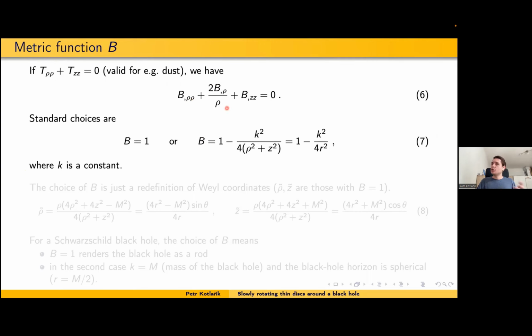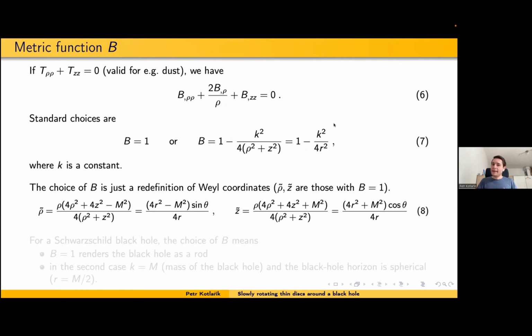And there are two standard choices: either the simplest solution of this equation, B equals 1, or a still simple but longer expression for the capital B, this one. In fact, the choice of B just really means a redefinition of the coordinates.